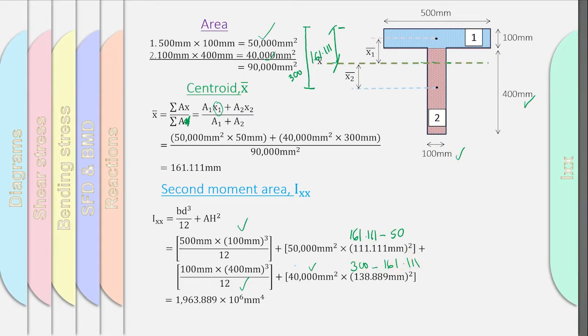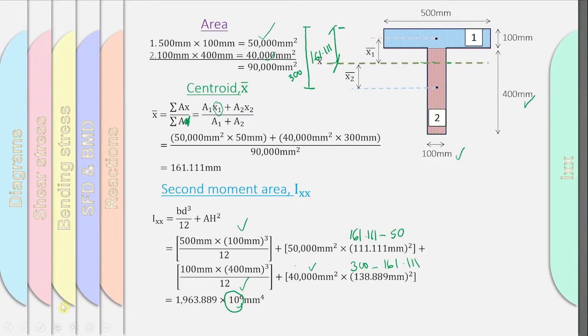You punya centroid tu you akan dapat 138.889. Okay, and then you kira lah for the whole thing. Hopefully semua okay tekan calculator for calculation like this. Normally for IXX kita akan tulis by 10 kuasa 6 lah, and millimeter kuasa 4 for the units.